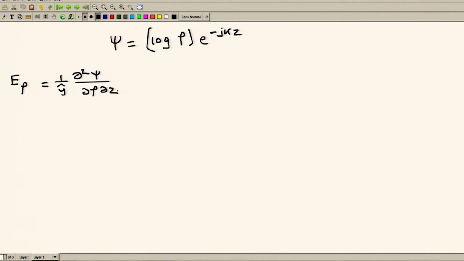Now we will substitute this psi in these places. So, 1 upon y cap, this will be del rho, at first differentiating with respect to Z. So, this will be log of rho and we will have here e to the power minus j k z, minus j k.